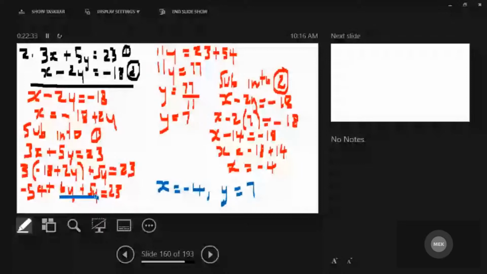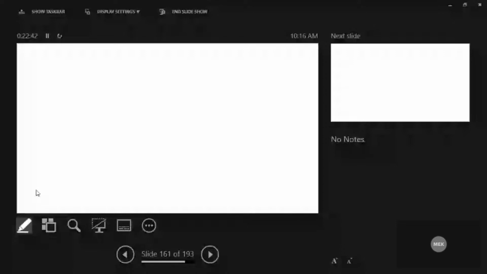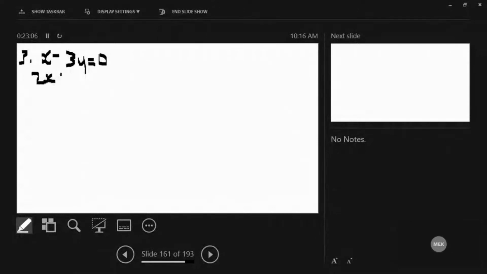Let's go on to example 3. So that's x minus 3y equals 0, and 2x plus 7y equals 26.